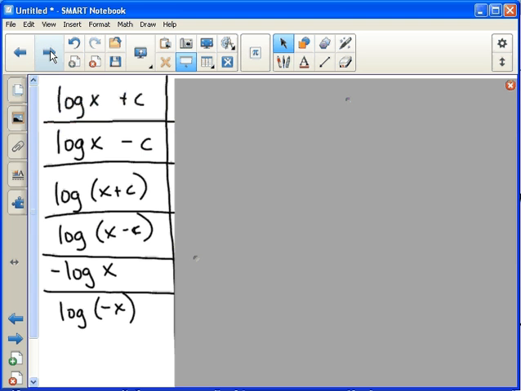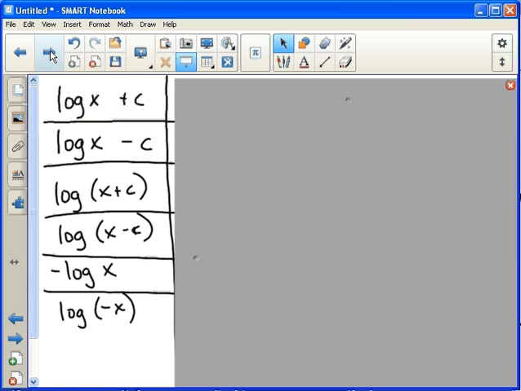So next thing we need to know how to do is talk about their transformations or translations. We talked about this with exponentials earlier, so now we're going to look at it with logs. And if you remember how it worked with exponentials, you'll see that it's a very similar pattern here with the logs. So in the first one, log of x plus c. Now that plus c is not inside the log. If you look down a couple, you can see you have to put parentheses to make that true.